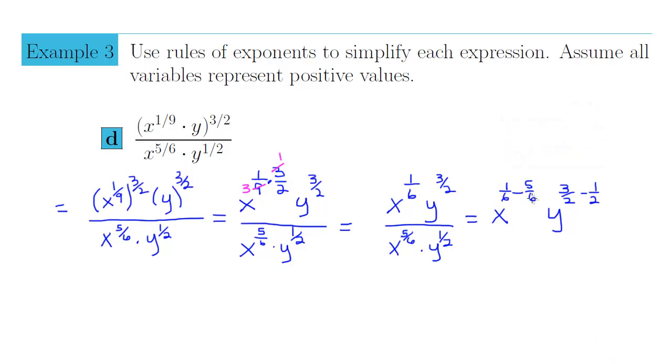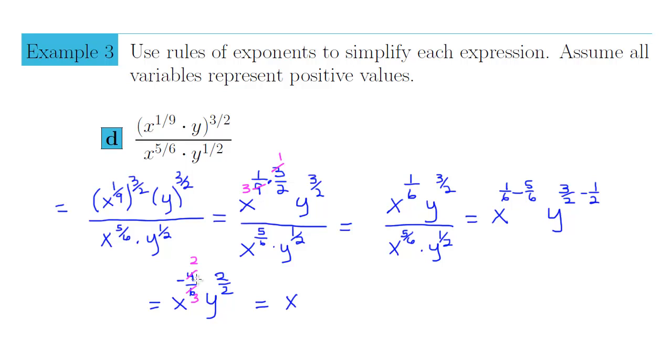X to the 1/6 minus 5/6 is equal to x raised to the negative 4/6 power. Y to the 3/2 minus 1/2 is y to the 2/2 power, right? Because we just subtract 3 minus 1 and get 2 on the top. And if we simplify these exponents farther, that tells us that this is x raised to the negative 4/6, which if we simplify is equivalent to negative 2/3, correct?